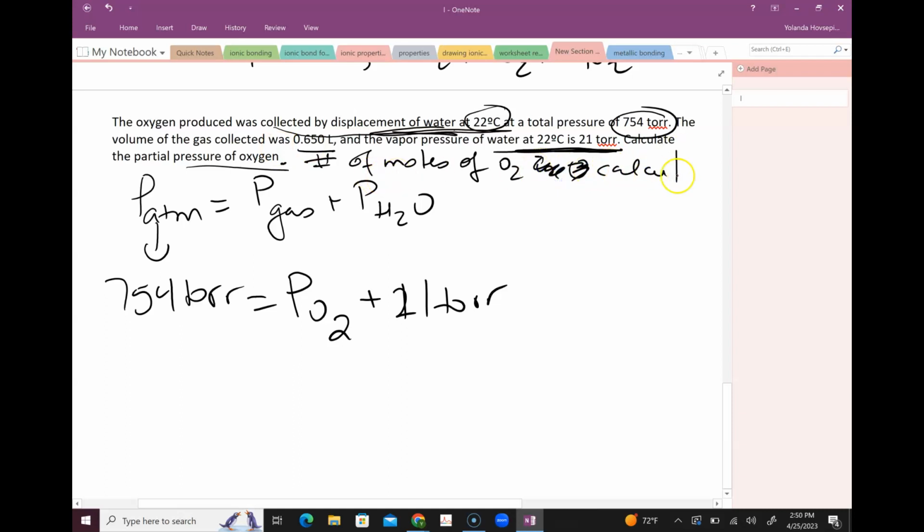So calculate number of moles. Okay. So let's first calculate the partial pressure of oxygen.